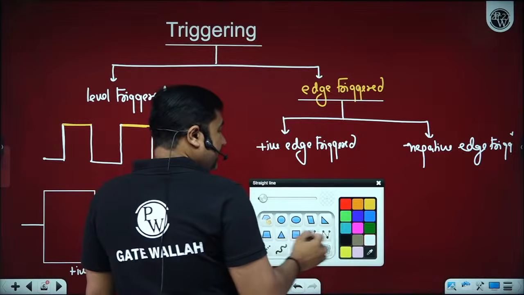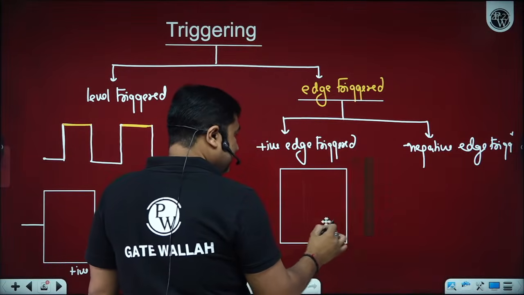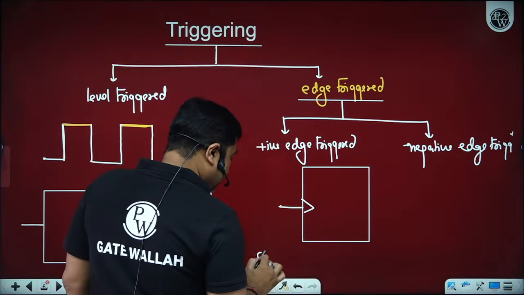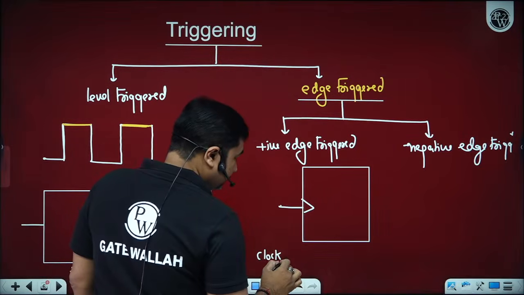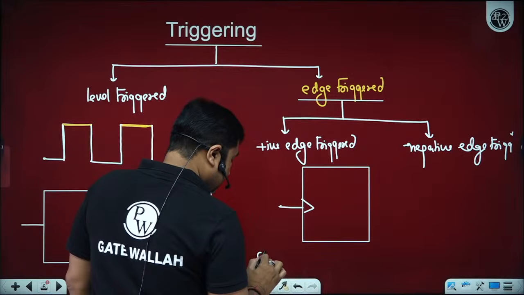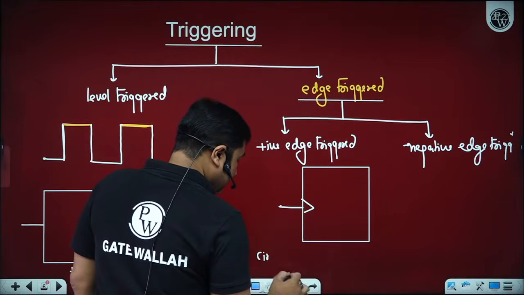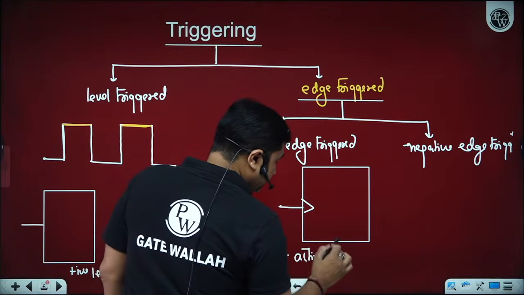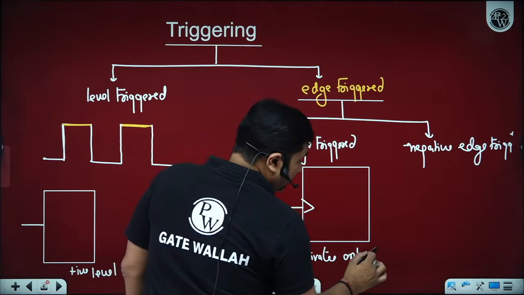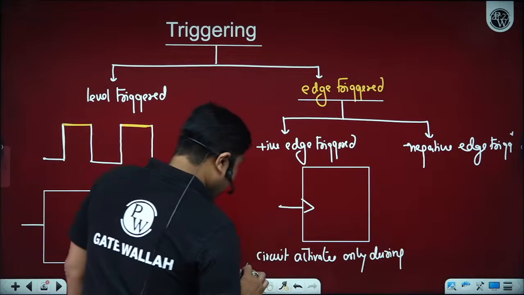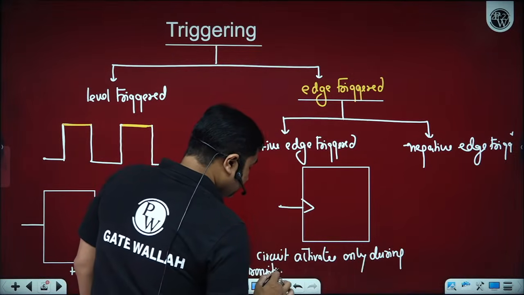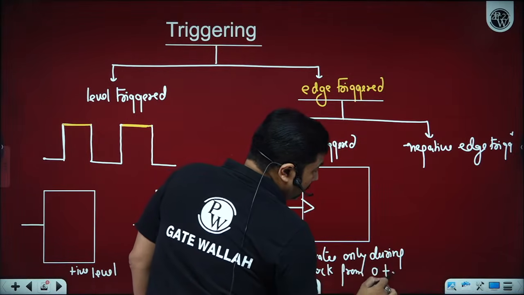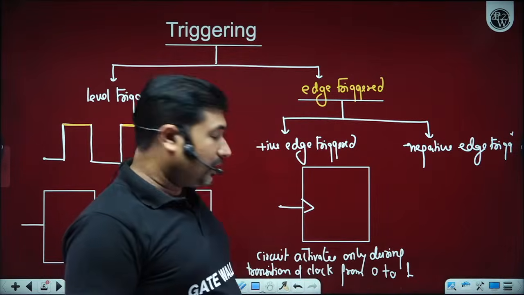So in a positive edge triggered circuit, represented by this symbol, the circuit activates only during transition of clock from 0 to 1.